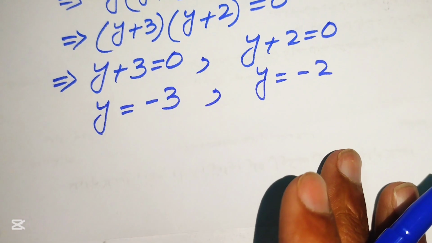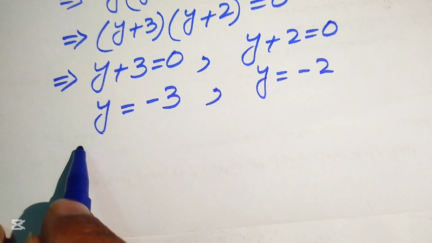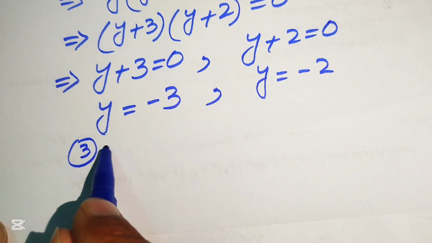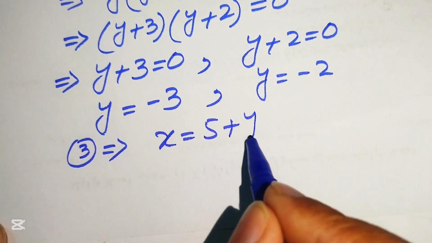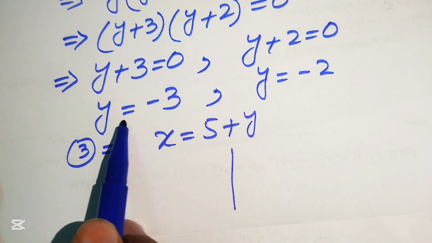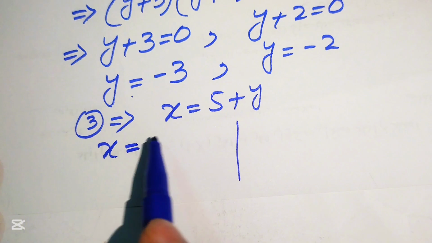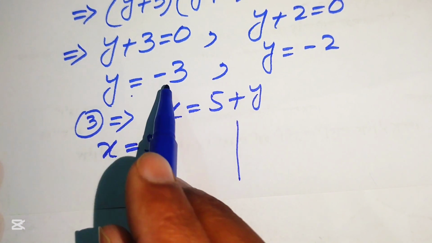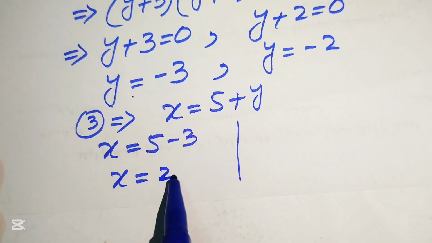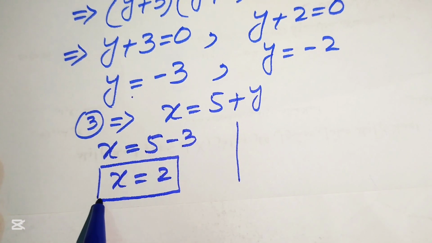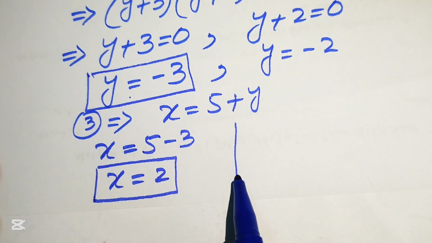Now in order to find the corresponding values of x, we copy down equation number 3, which implies that x equals to 5 plus y. We substitute these two values of y here, and we get the corresponding values of x. Here you have 5, and the value of y in this case is minus 3, so you get x equals to 2. So we have x equals to 2 corresponding to y equals to minus 3.